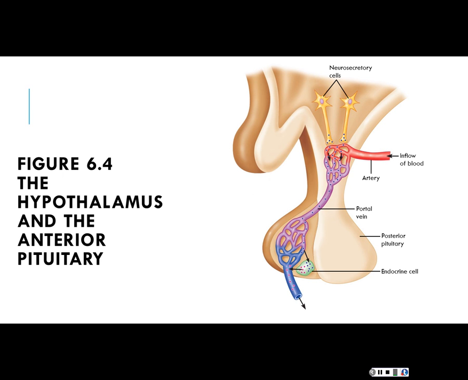Infundibulum, right? What else is different? Blood supply. There's a lot of blood supply. There's an endocrine cell in the anterior pituitary. What else are you picking up? Yes, the endocrine cell in the anterior pituitary. What else?